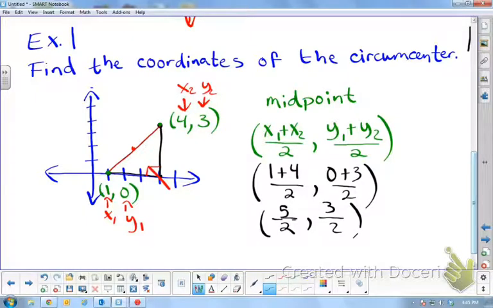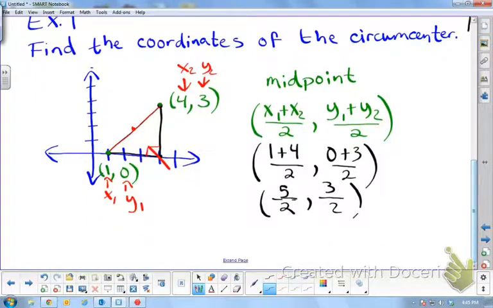And now divide, we are going to end up with some decimals. 5 divided by 2 is 2.5. 3 divided by 2 is 1.5. So this coordinate, that is our midpoint, is exactly at 2.5, comma 1.5. We can actually find the circumcenter as a coordinate if we have a right triangle.